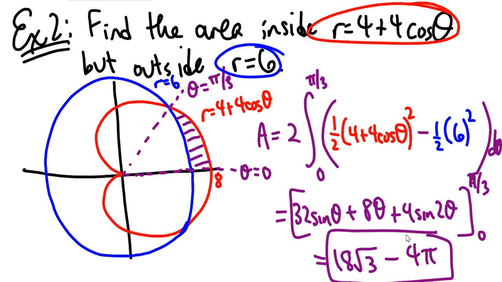So what's more important is the setup, because you're calculator active in all likelihood on this question. When we're looking for an area between two polar curves, we take the outside area and subtract the inside area. The outside area is all of this, and the inside area is all of this. 1/2 r squared, 1/2 r squared, and we subtract. Hope that this is helpful to you.